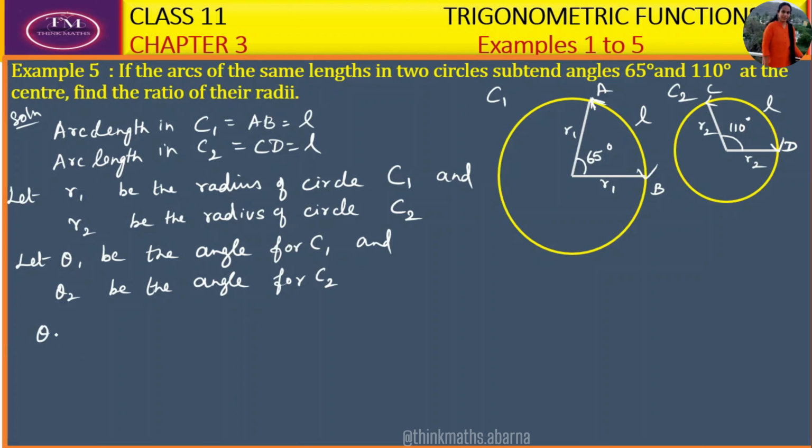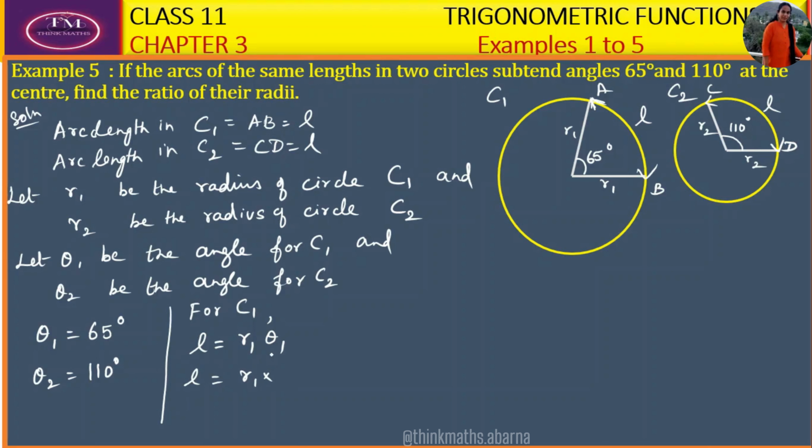Here given theta1 is equal to 65 degree and theta2 is equal to 110 degree. Now for the circle C1, arc length L is equal to r theta. Here r is radius 1 and theta is theta1. So L is equal to R1 into 65 degree. We have to find the ratio of their radius. Ratio means if you find R1 by R2, then it will be converted to ratios.